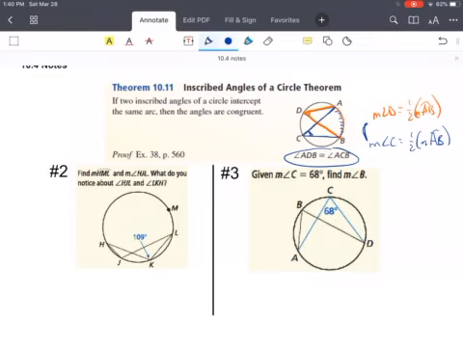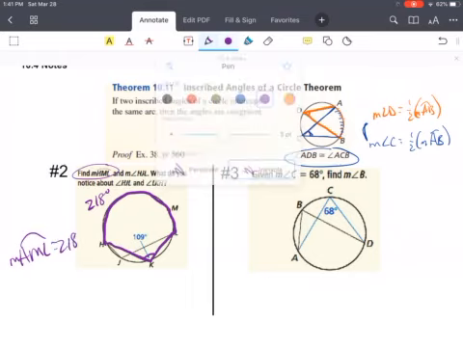Which leads then to example 2. In example 2, we have this angle right here that is 109 degrees, and its vertex is on the circle. It intercepts this whole arc, which means that whole arc must be 218 degrees. So that answers the first part: the measure of arc HML has got to be 218 degrees.